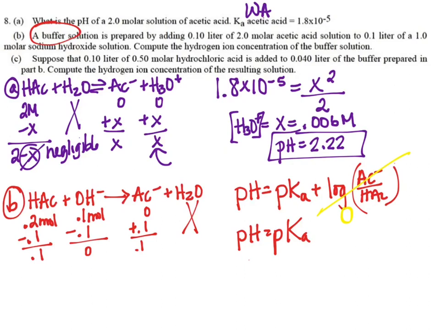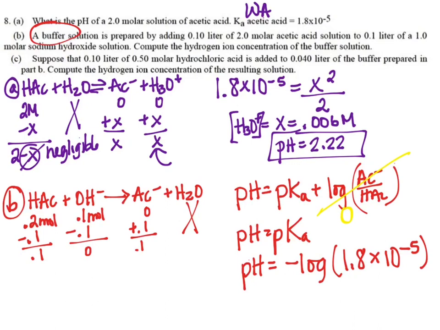All right. So what is my H plus concentration? Let me show you this. pH is equal to pKa, and our pKa, our Ka, so that's the negative log of 1.8 times 10 to the negative fifth, right?